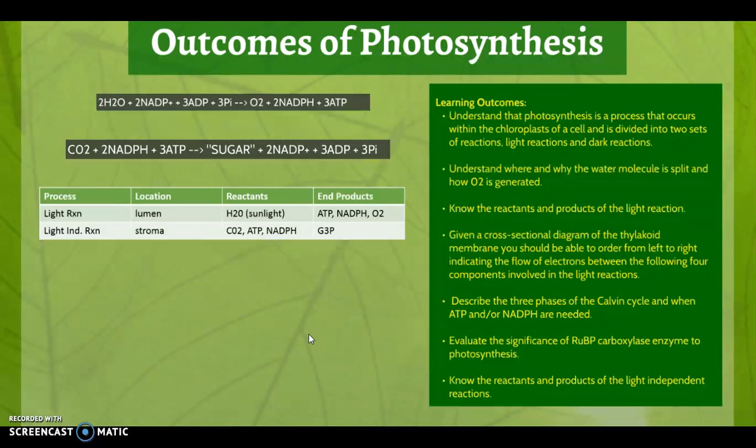And I hope you understand why the water molecule is split in the process, so we can get those electrons back into the non-cyclic light reaction. You should know the products of the light reaction and the light independent reaction. You should be able to take a cross-section of the thylakoid membrane and diagram those key protein complexes along there. You should be able to describe the 3 phases of the Calvin cycle, talk about the rubisco enzyme and how it's important to that process, and then know the reactants and products of the light independent reaction.